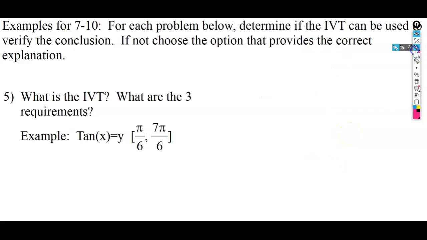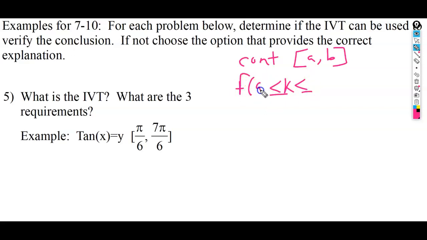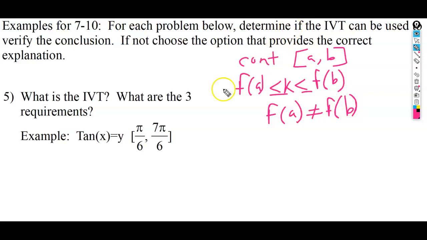All right, so our criteria were that the function has to be continuous on the closed interval, the value that we're trying to find has to be between those endpoints, and finally, the endpoints cannot be equal to each other. Those are the requirements for the IVT. So let's see if it applies to this particular example that I have here.